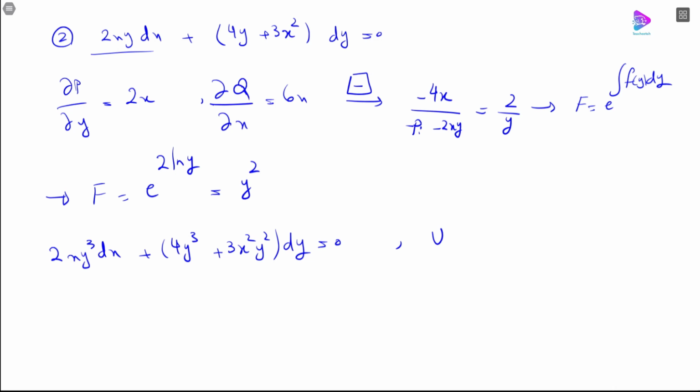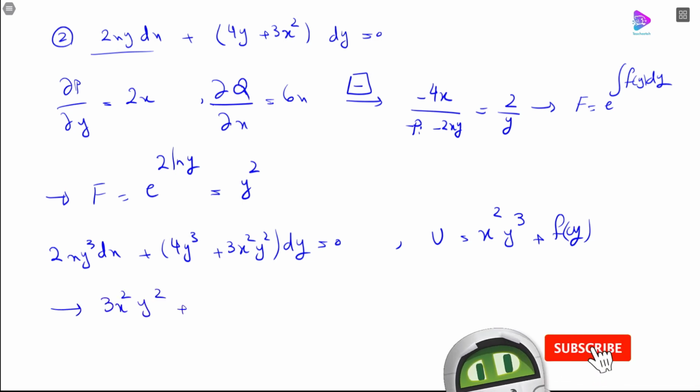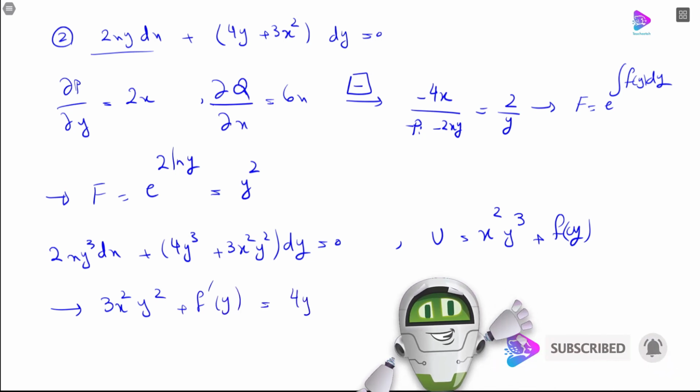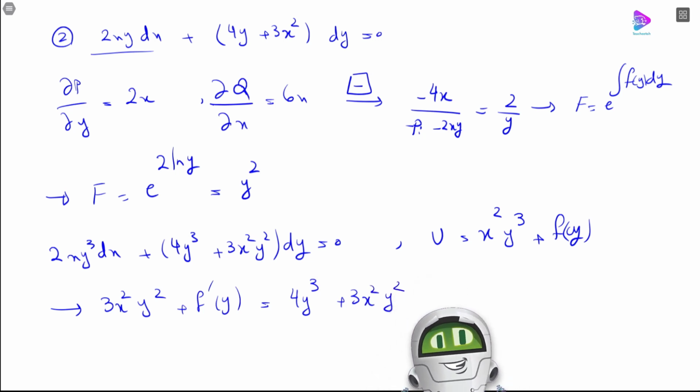And then from here we can define u is equal to x squared y cubed plus f(y), and then we can write down 3x squared y squared plus f prime y is equal to 4y cubed plus 3x squared y squared.